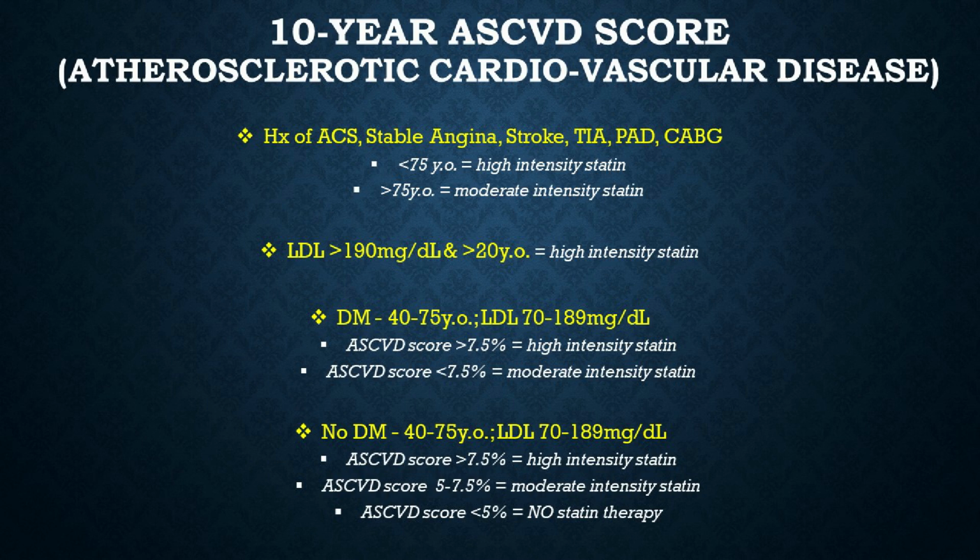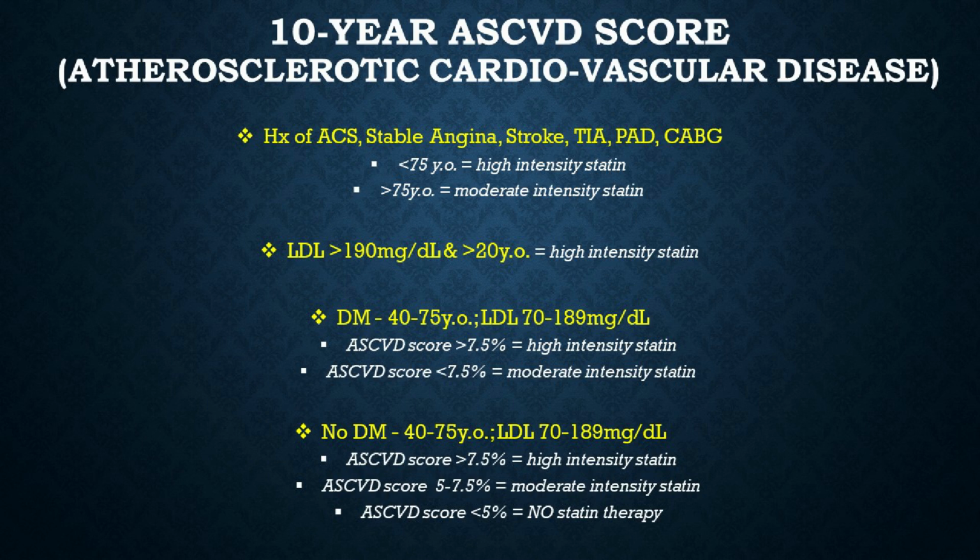If the patient is diabetic and between 40 and 75 years of age and his LDL levels are between 70 and 189 milligrams per deciliter, if their ASCVD score is more than 7.5%, then they get high intensity statin. If their ASCVD score is less than 7.5%, then they get moderate intensity statin.